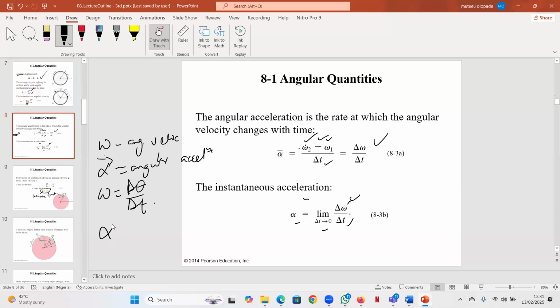And to get the alpha, which is the acceleration, it is equal to what? Change in velocity divided by time. And you also take note that V is equal to R omega. So that is what you have here. So from here now, we can then proceed.